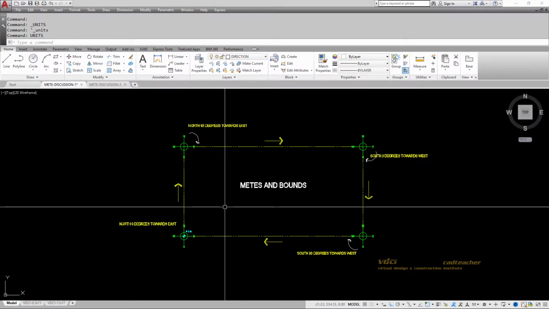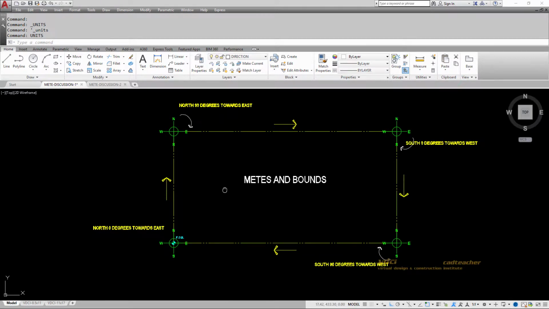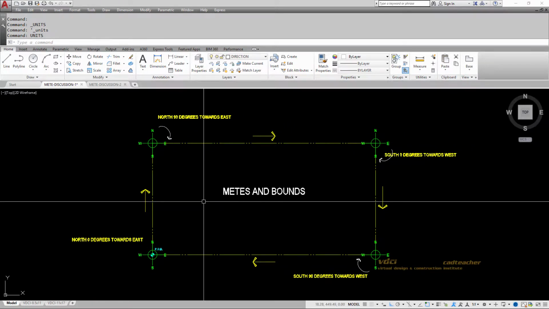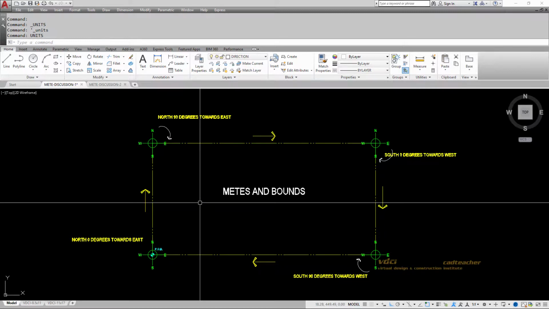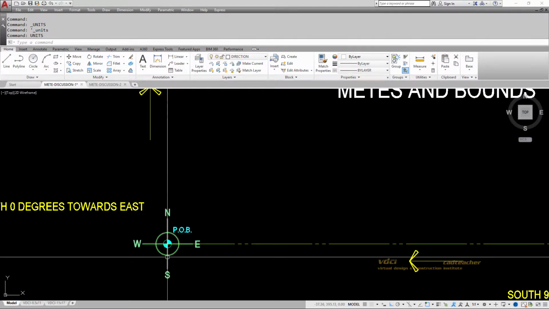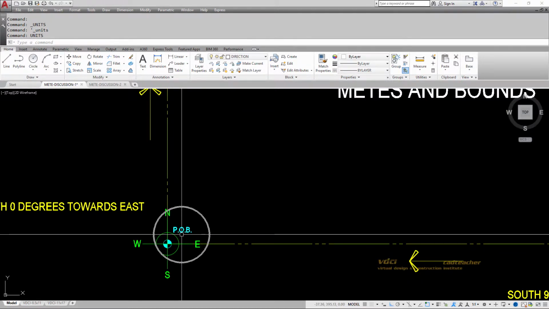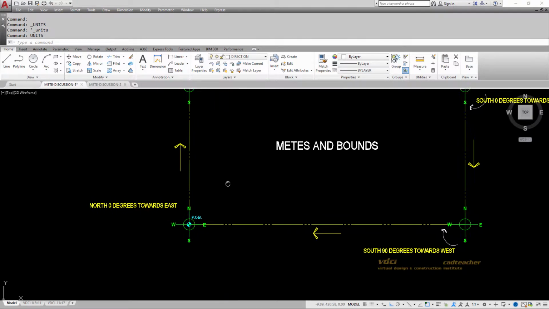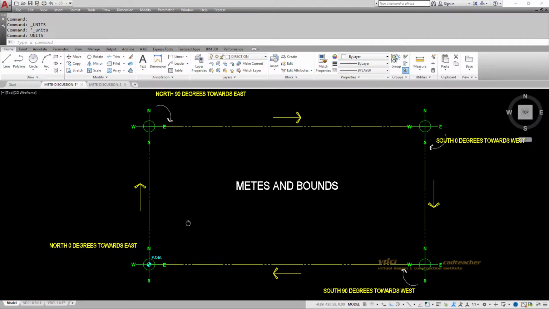Now, I have a site right here that's relatively simple, and the site is a rectangle, just so we can begin understanding what's happening. When surveyors begin doing their work, they start off with something called a point of beginning, or POB. And what they do is they work their way around a property.